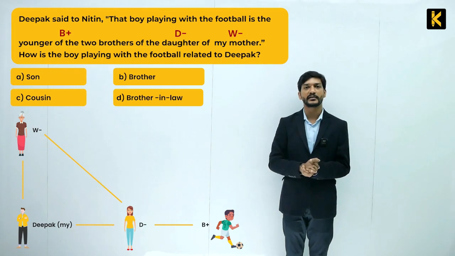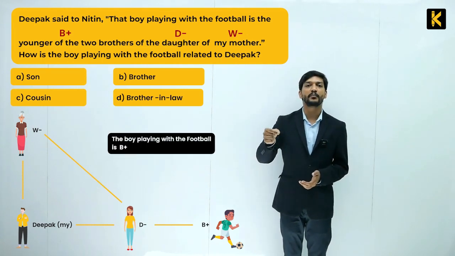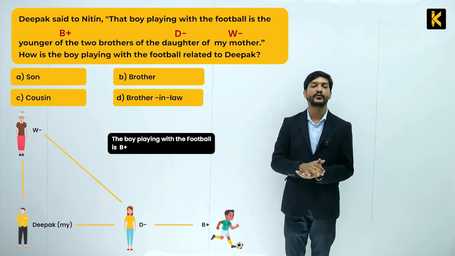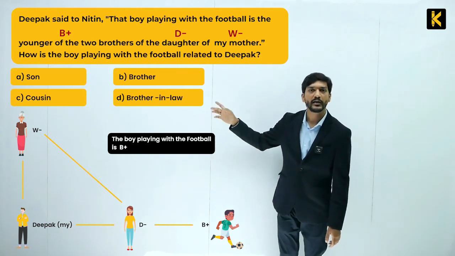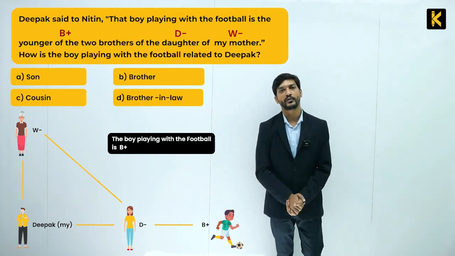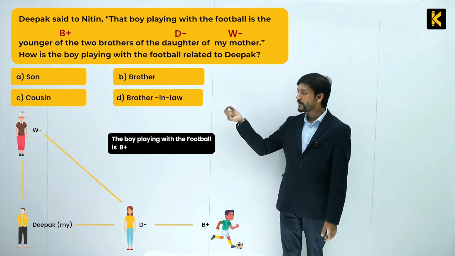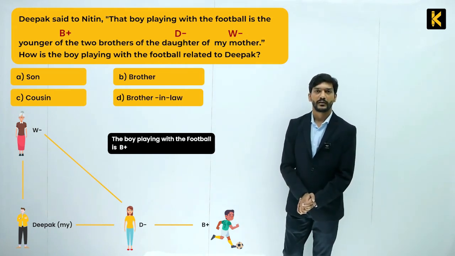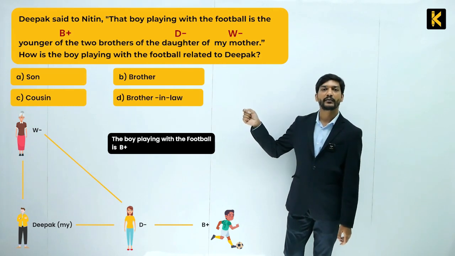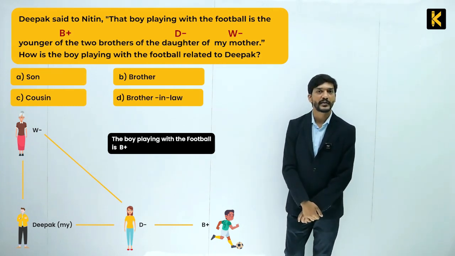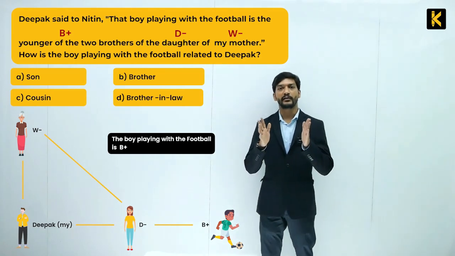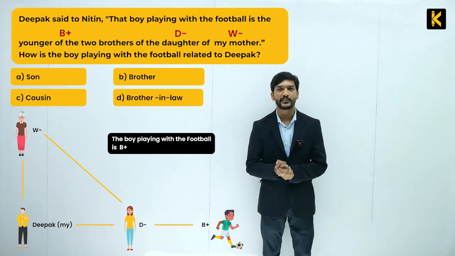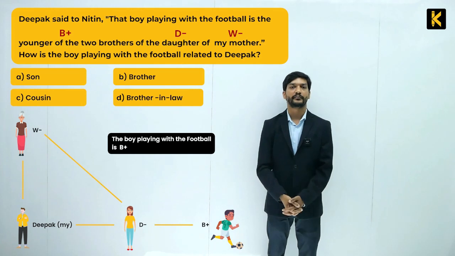Or let me say it like this: B plus is the boy who is playing with the football. Let me write this, that this is the boy playing with the football, that is B plus. All right. So everything mentioned in the statement has been shown in the diagram.